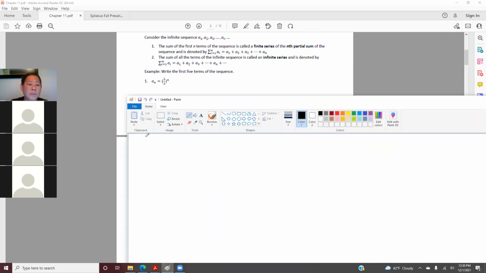Okay. So this first example is given to us by an equals 1/2 to the power of n. And the question wants us to find the first 5 terms. So this is very easy. In order for you to find the first 5 terms, you put n equals 1, 2, 3, 4, 5. So a1 is the first term. You put 1 in here.